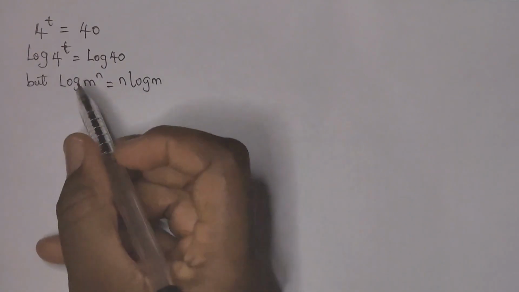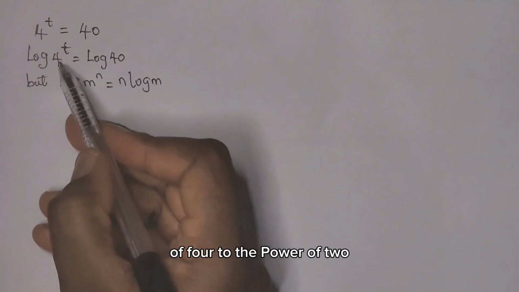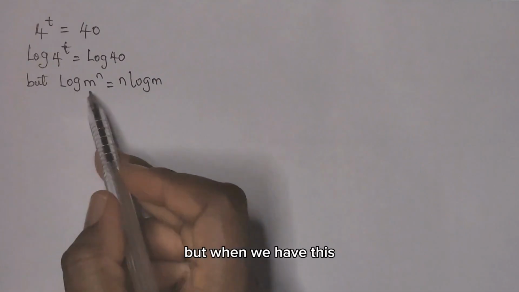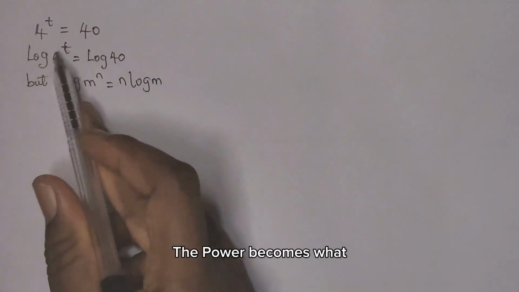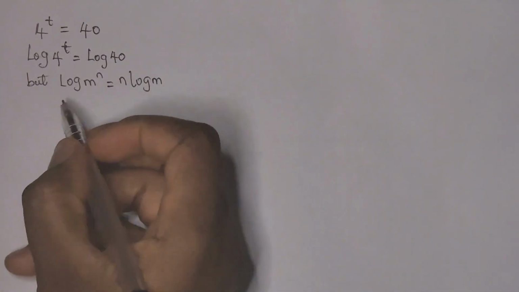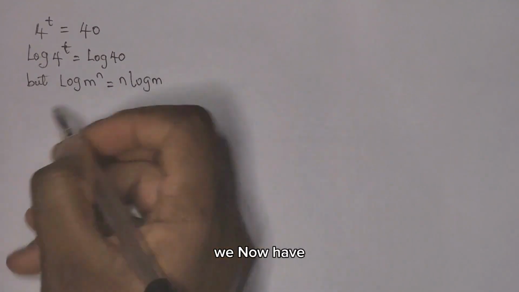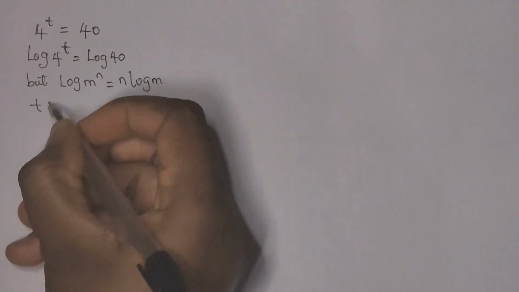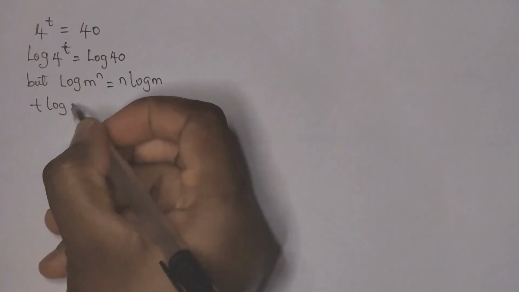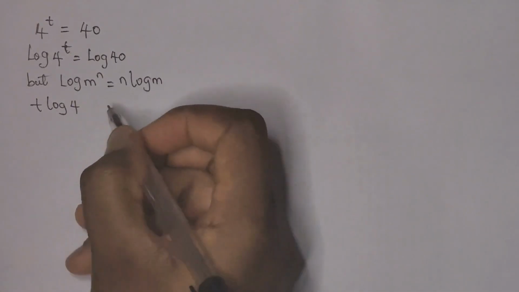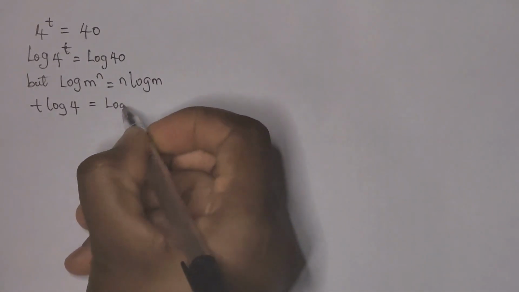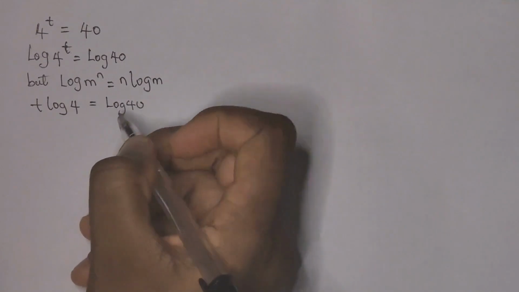We'll then have log of 4 to the power of t. But when we have this, the power becomes a multiplier. We'll now have t times log of 4 equal to log of 40.